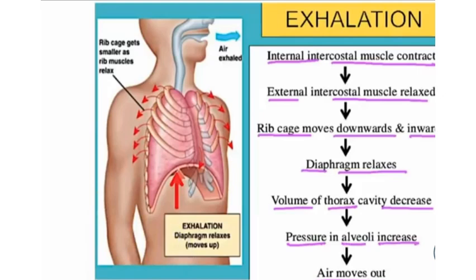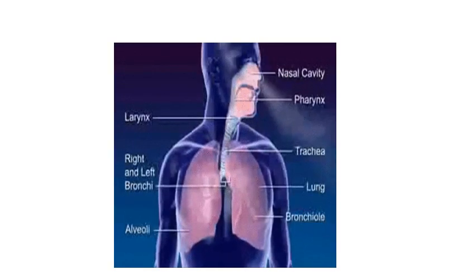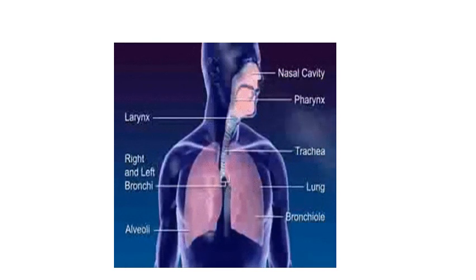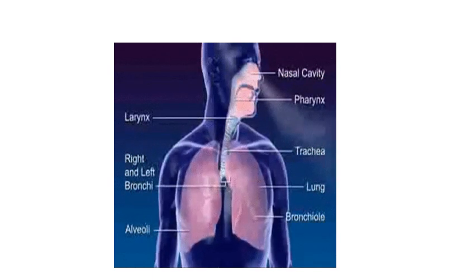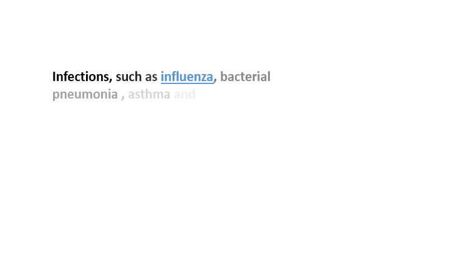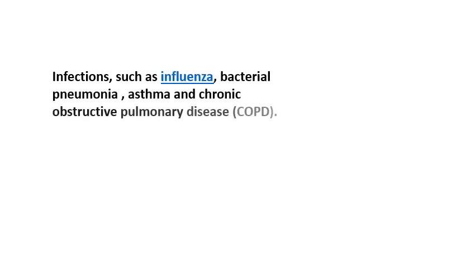Now, some special topics to discuss. If you have learned about the breathing process, everybody must be anxious about the diseases associated with it. Sometimes it is asked in multiple choice questions. These are the diseases: COPD, that is called emphysema. These diseases occur especially due to excessive smoking.